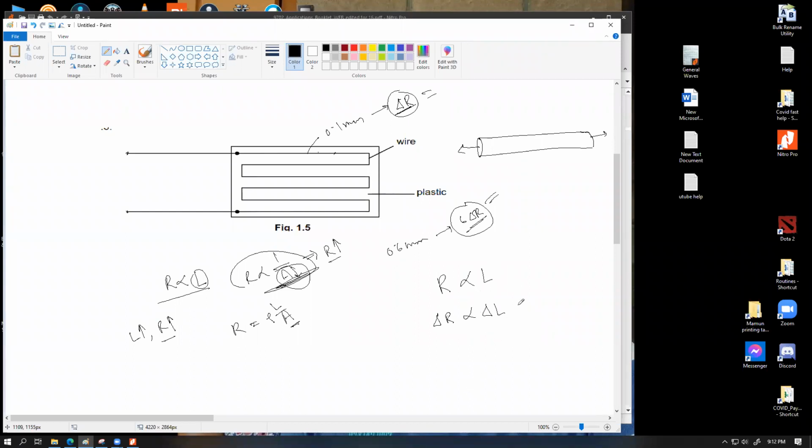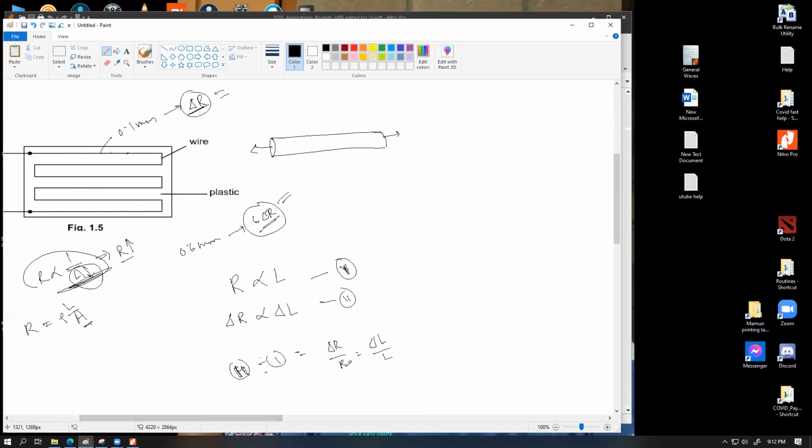So if you divide one by another, let's say this is equation number 2, which is proportionality number 1, and if I divide 2 by 1, what I'm going to get is delta R by R equals delta L by L. Interestingly enough, we can know the original resistance of the wire from some ground experiment.